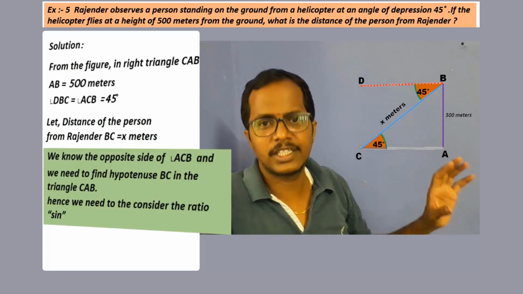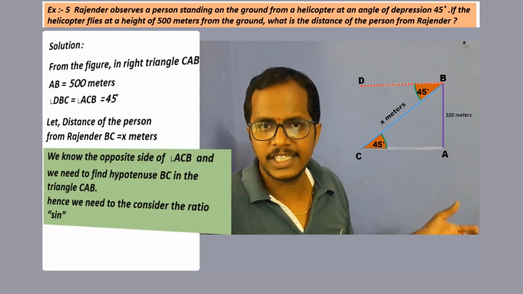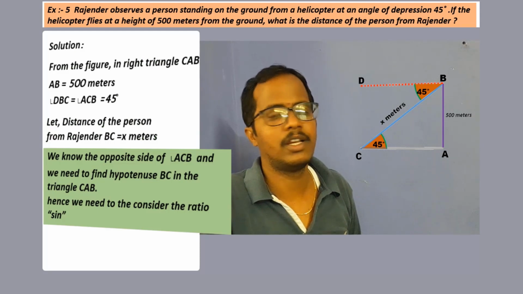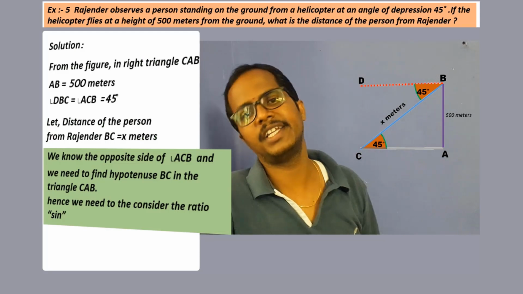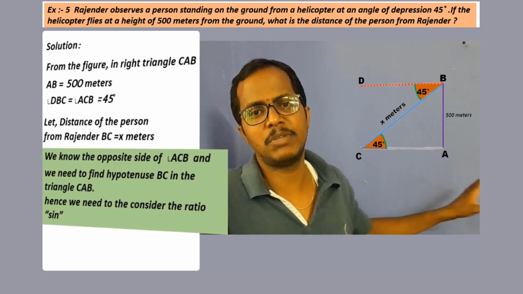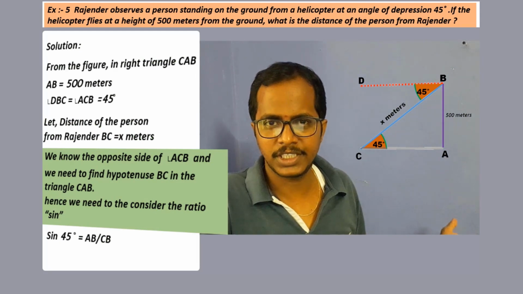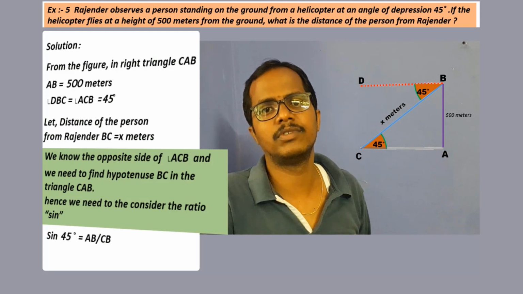So here we need to take the ratio between opposite side and hypotenuse, hence we consider the sine trigonometric ratio. So sine 45 degrees can be written as AB by CB, where AB is the opposite side to 45 degrees and CB is the hypotenuse.